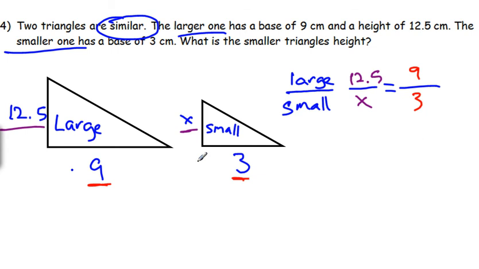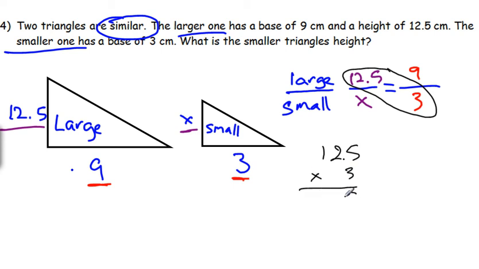And there's all sorts of ways we can do this, but for the fun of it, let's cross multiply. Let's not do anything fancy. 12.5 times 3. We're going to get 15, 1, that's going to be 7, 3. With 1 decimal place, we get 37.5. We're going to take that and divide it by 9. So what is 37.5 divided by 9?